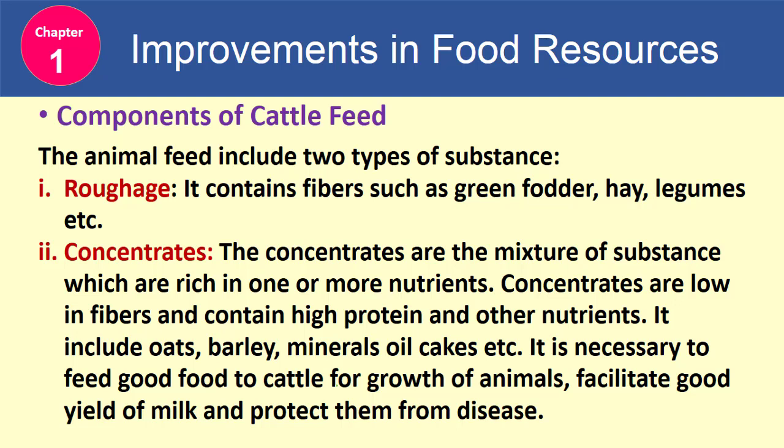Concentrates are low in fibers and contain high protein and other nutrients. They include oats, barley, minerals, oil cakes, etc. It is necessary to feed good food to cattle for growth of animals, to facilitate good yield of milk and to protect them from disease. So it is very necessary to feed cattle a good diet for getting a good yield of milk and also for the health of cattle.